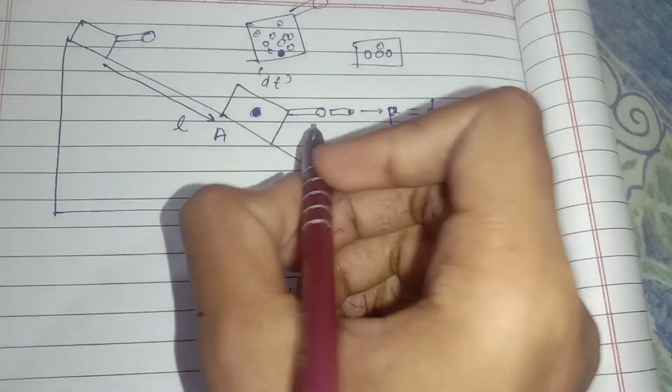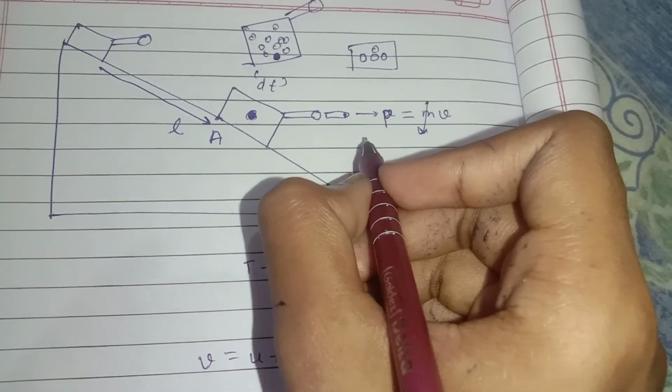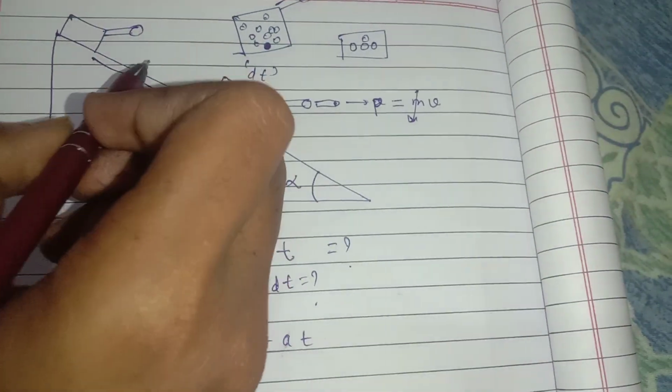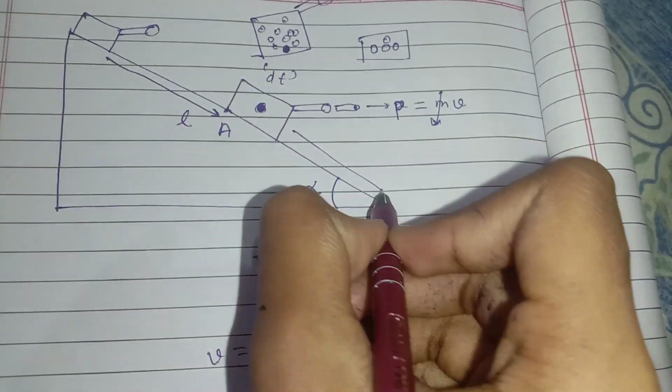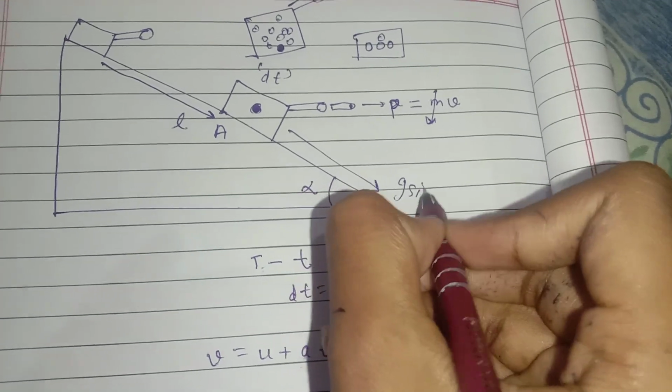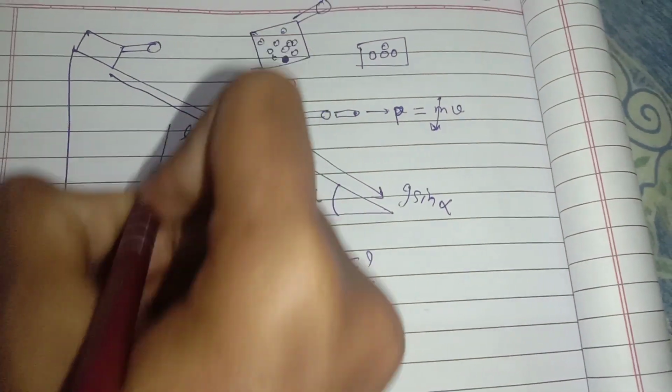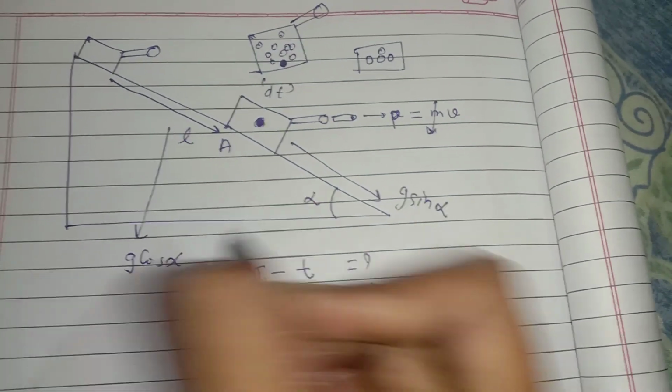Then we are going to write the equation of motion along the inclined plane. Along the inclined plane there will be acceleration g sin alpha, and there will be acceleration g cos alpha.